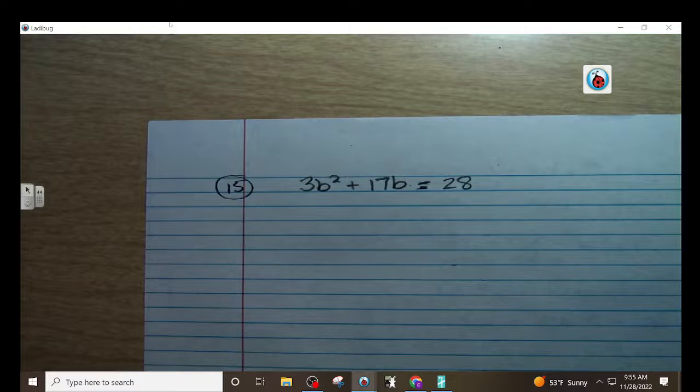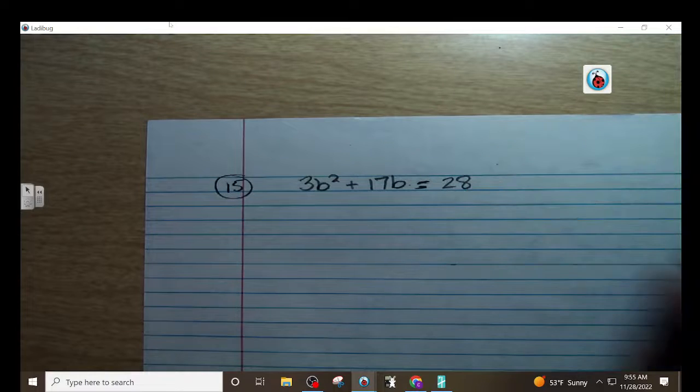What do I have to do first before I start this problem? Got to get it in standard form, right? What would be my first step to get it in standard form?